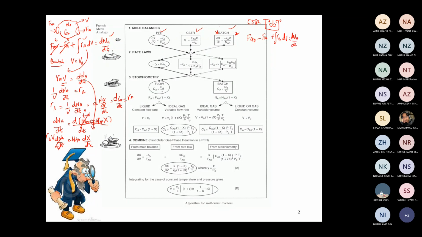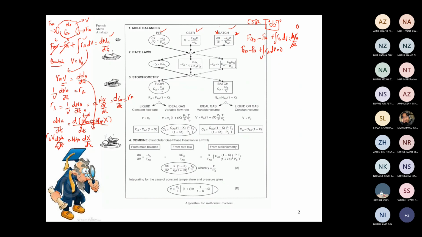For CSTR it is the same as PFR, it is steady state, so the accumulation term should be 0. What remains is FA naught minus FA plus RA dV. Remember what I told you at the end of topic number 3: for CSTR, there is no integration, and no differential equation for CSTR volume.